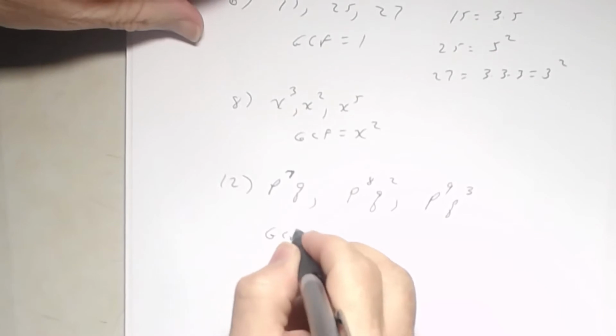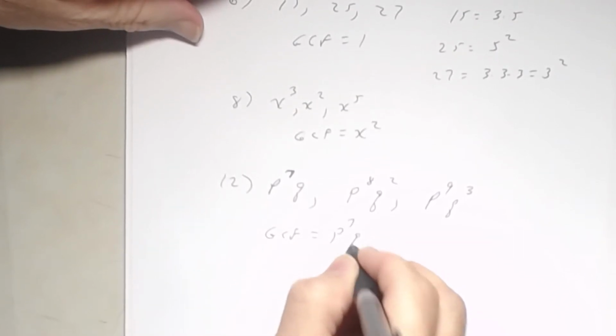We take what's common and then the smallest exponent. So let's look at the p's. Do I have p's in all of them? Yes. So what's going to be the GCF of the p's? p to the 7th. Do I have q's in all of them? Yep. So what's going to be the GCF? q to the first. Okay. So what's the GCF? p to the 7th q.